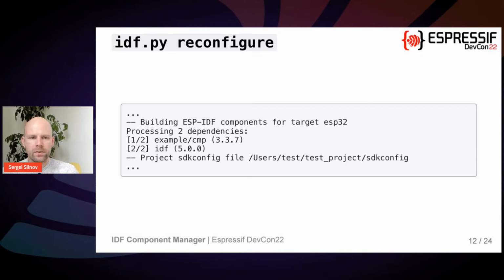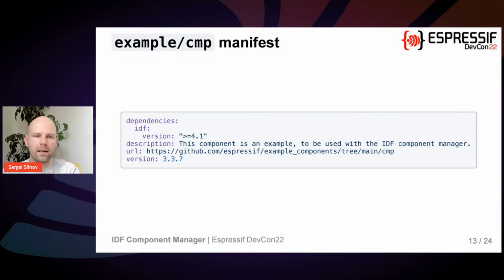This is because the IDF dependency comes from the example CMP manifest itself. Here you can see that example CMP depends on IDF and specifies its version bigger or equal than 4.1. It's important to mention that IDF as a dependency is a bit special.